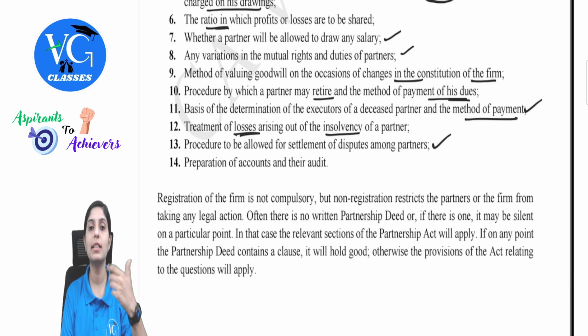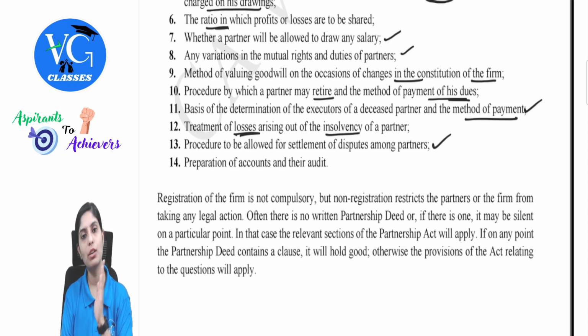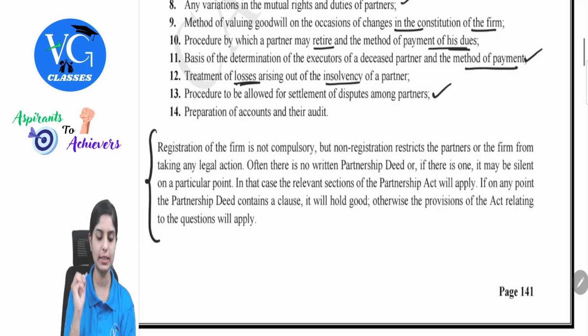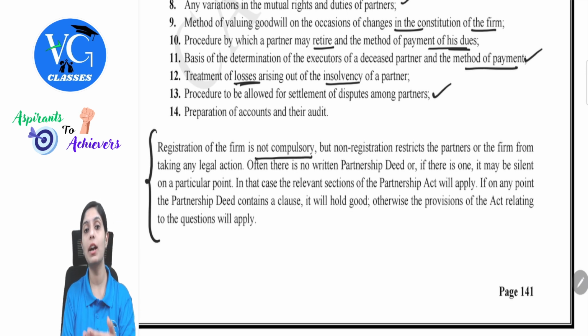All of these points are suggestive in nature to incorporate in a partnership deed, which is relevant to a particular partnership firm. Those points can be incorporated. There is one more important point. It says registration of the firm is not compulsory. We already understood that. But what is the disadvantage if you are not registering?